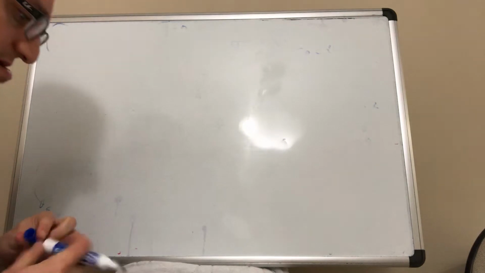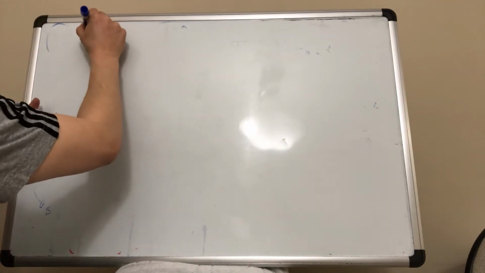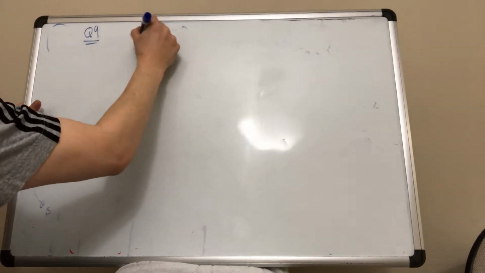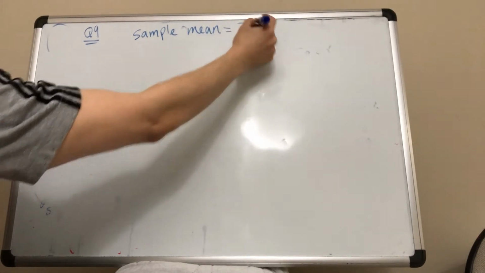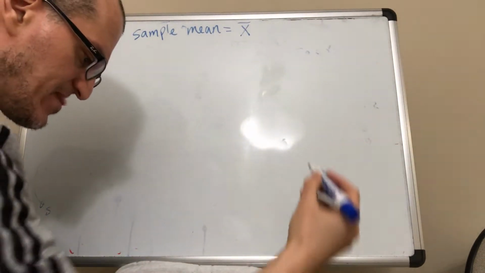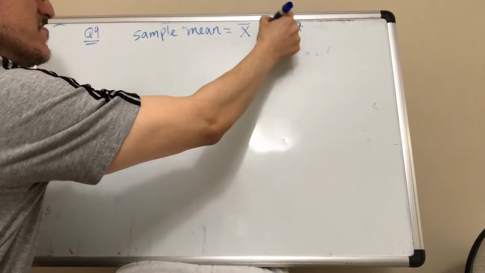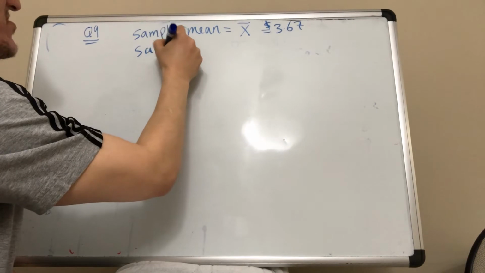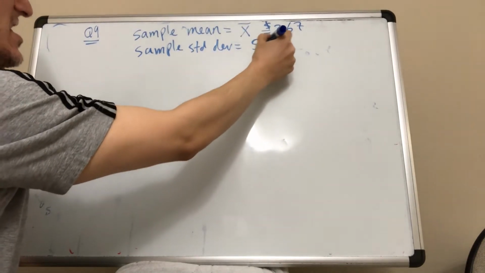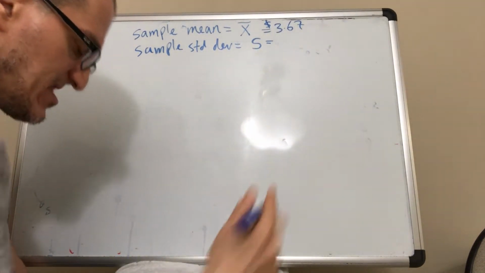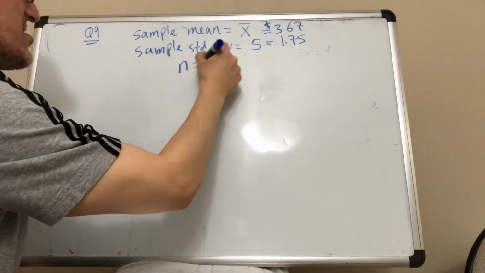They give you the average, the sample mean, that's X bar, and that's $3.67. They also give you the sample standard deviation S, and that's 1.75, for a sample of 10.